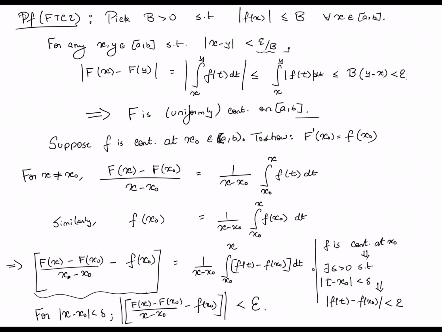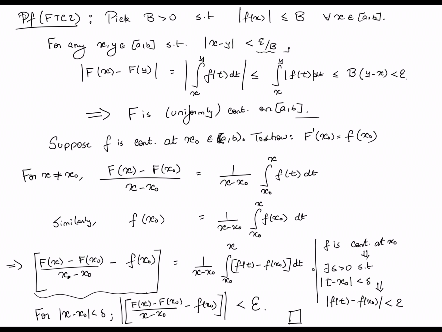And so what you have said is that for any epsilon greater than 0, I can give you a delta such that so long as x and x naught are at most delta apart, this left hand side is at most epsilon, which means that this left hand side tends to 0 as x approaches x naught. That completes the argument, right?